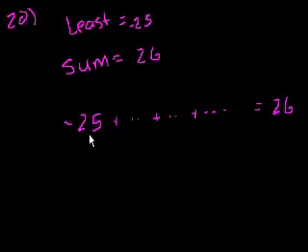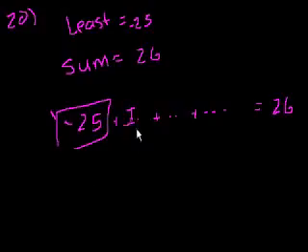Well, we start with minus 25, right? So the rest of the integers are going to have to equal what? If this is an equation, minus 25 plus all of these random things, let's add 25 to both sides. So let's call it I2 because this is I1, integer 3, integer 4, plus integer n, because we don't know how many there are.